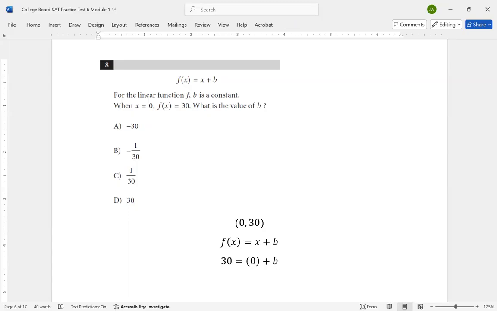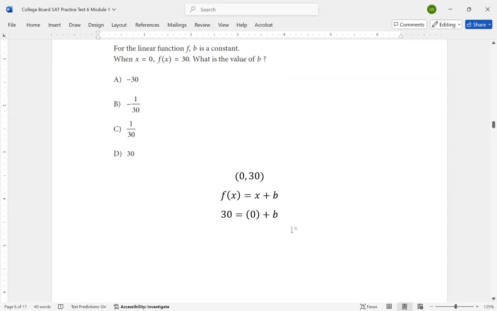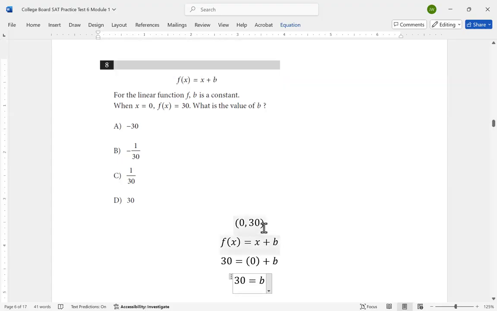And then you can just solve for b if you'd like as well. So just replace f of x with a 30, replace x with a 0, solve for b. You get that b is equal to 30. So the answer to question 8 is D, and you can do that in a couple of different ways.